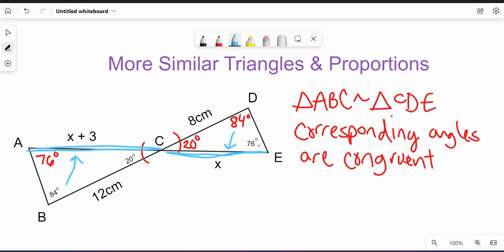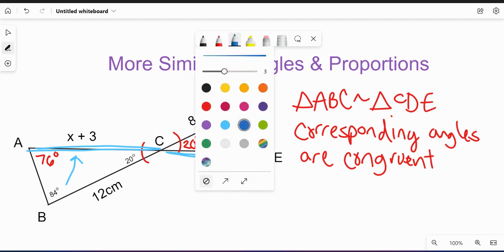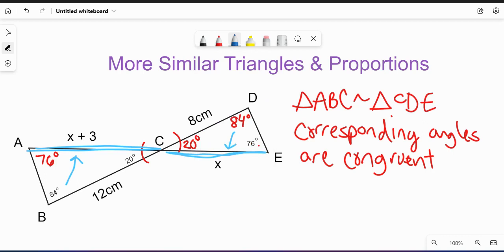So for my proportion, I'm going to start with the smaller triangle first. X over 8. We got this side, which is across from the 84-degree angle, and then the 8 centimeters, which is across the 76, is equivalent.